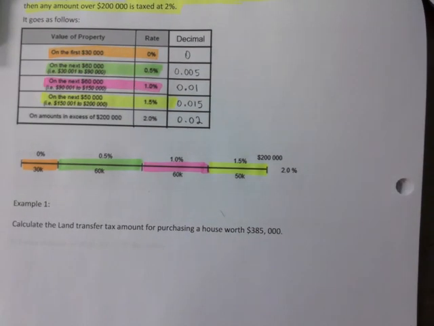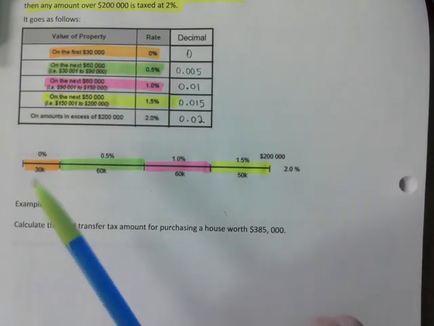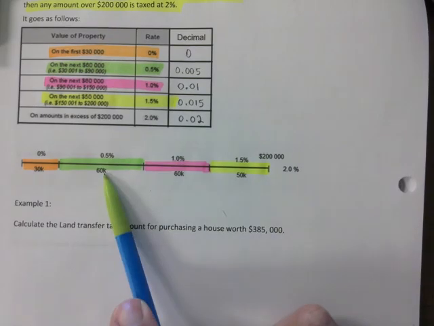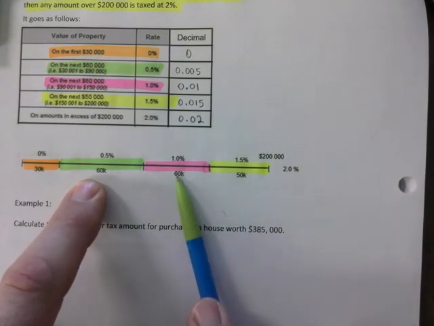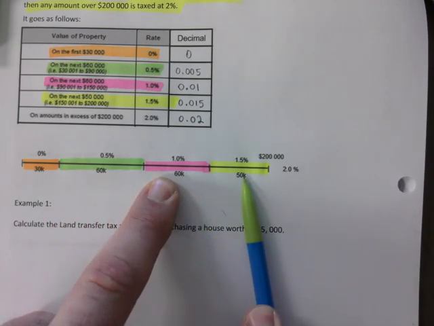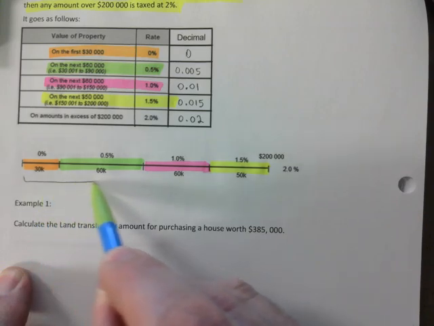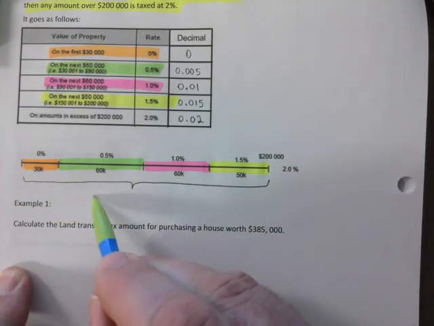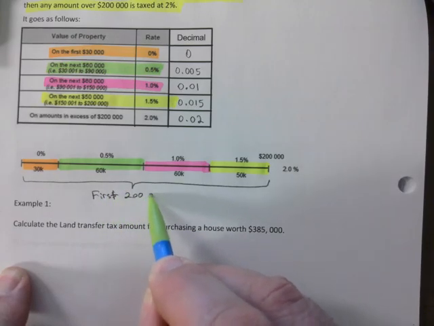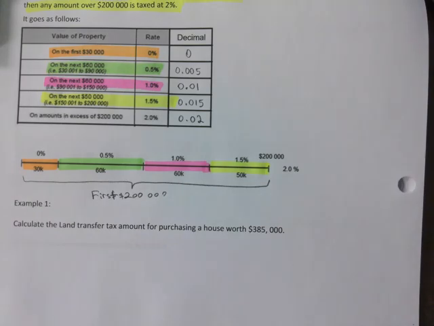Let me just focus here. Before I do the math, I need you to understand what it is that I'm doing. Listen carefully to this part. 30 and 60 is 90,000. Plus another 60 is 150,000. Add another 50,000, and it adds up to the 200,000 mark. So the first $200,000 gets taxed according to this grid, this scale.